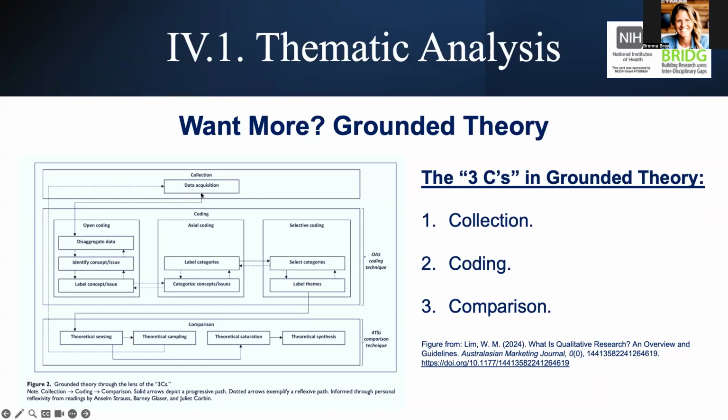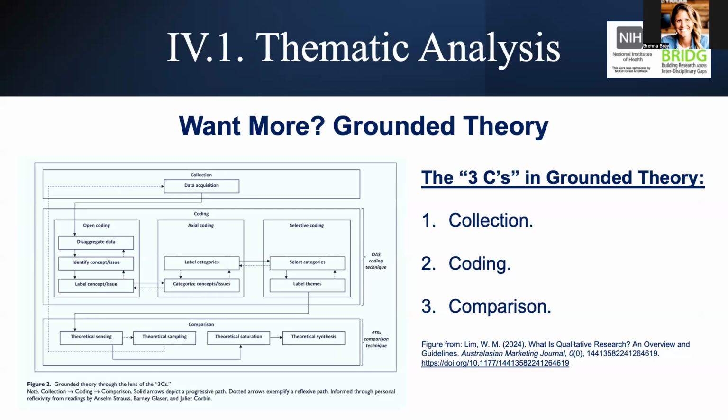So as we start to acquire and collect data and familiarize ourselves with it, we'll start with open coding. And open coding is just generating basic codes. So we'll look at disaggregated data, we'll identify specific concepts or issues, then we'll start to label those concepts or issues, then we'll go back and look at the data, right? So this is a really iterative, reflexive process.